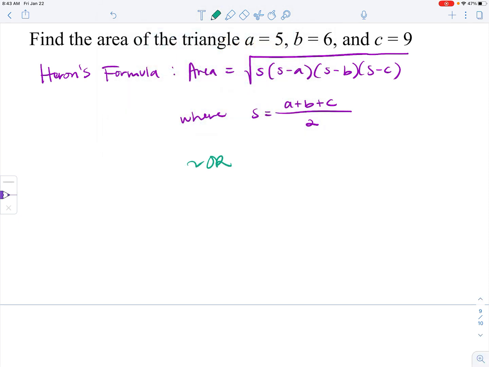Okay? Or you can use good old-fashioned area equals base times height, where I can, again, not an accurate triangle, I'm just doing it for labeling purposes.